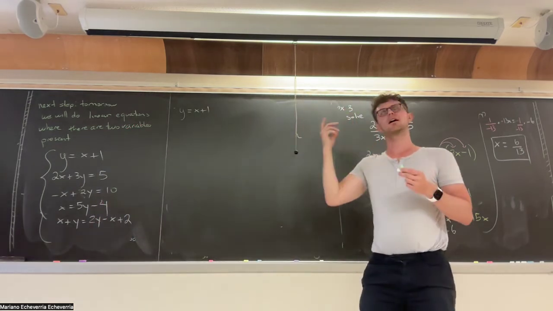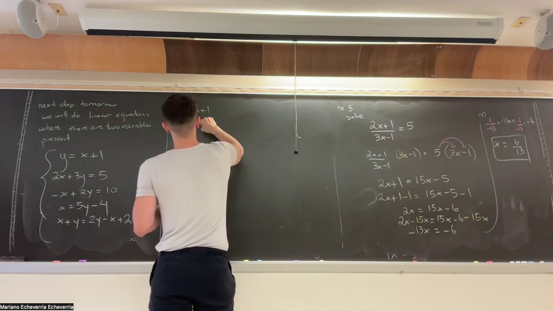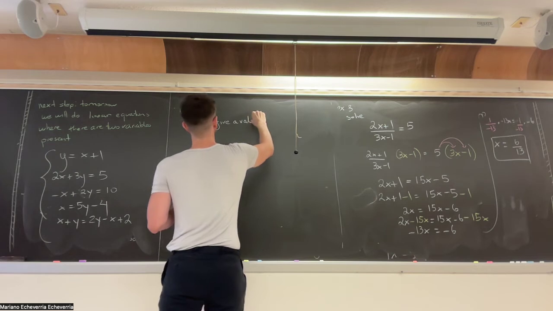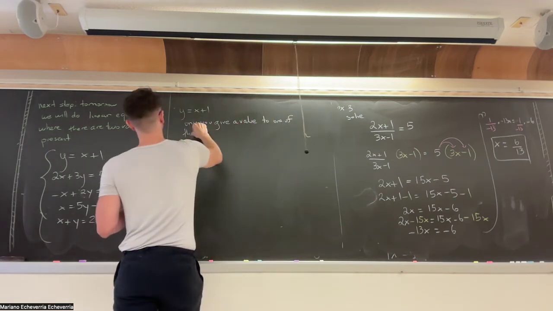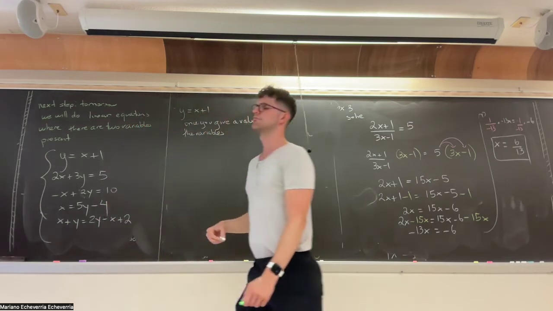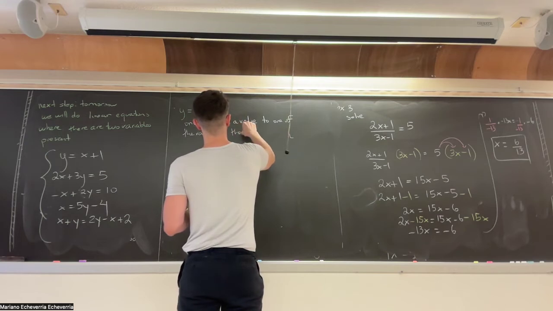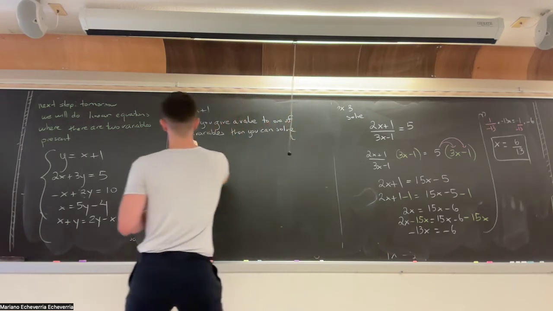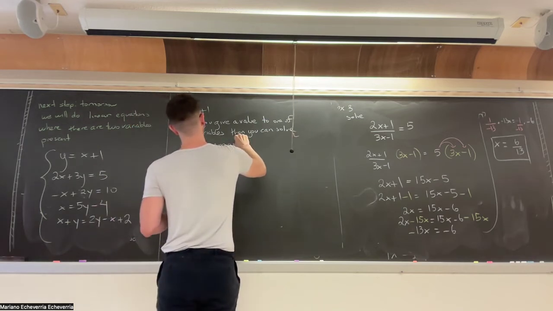So the idea behind this is that once you give a value to one of the variables, then you can solve for the remaining variable.